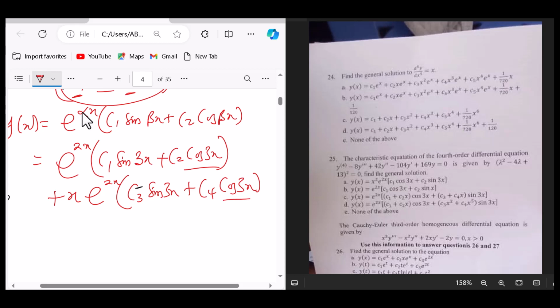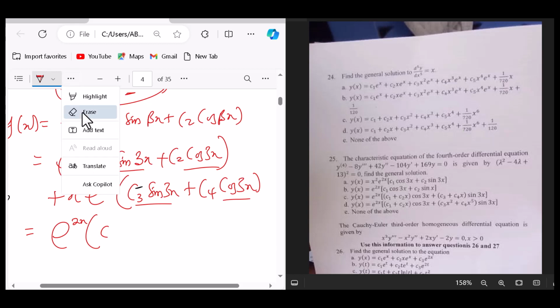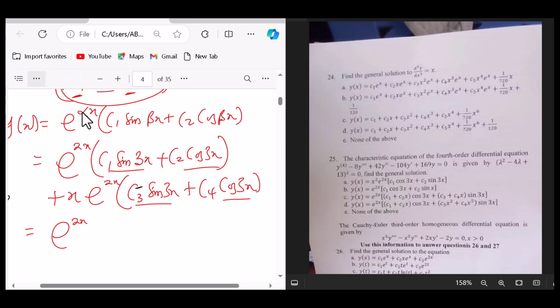So that will simply mean that if we group the cos, we will have e power 2x into brackets. Let me group the sines first, this and this, because the sine is common.